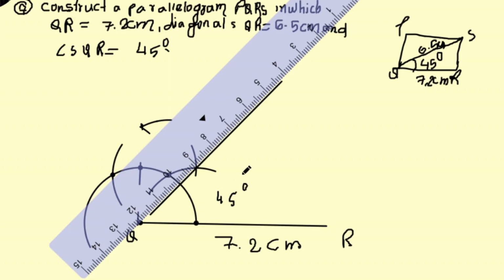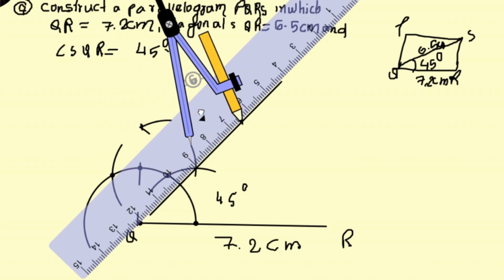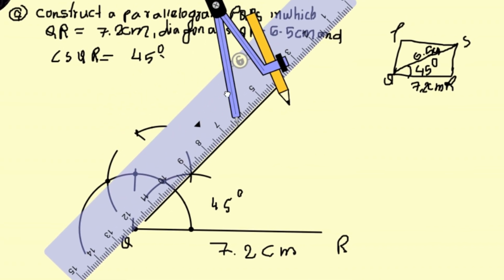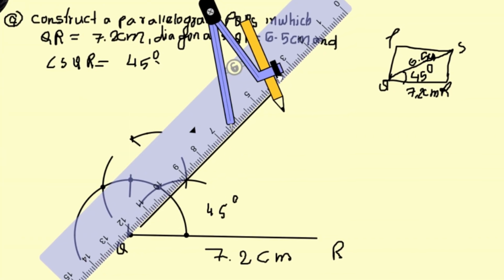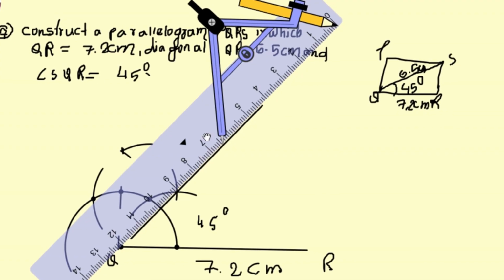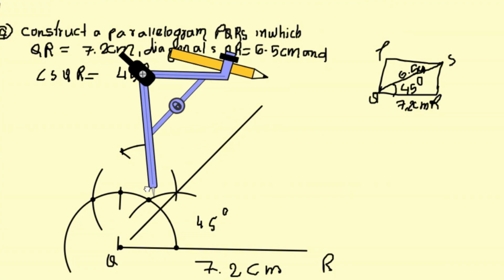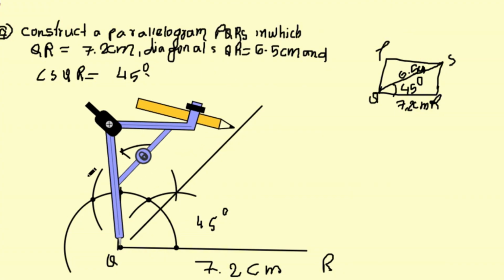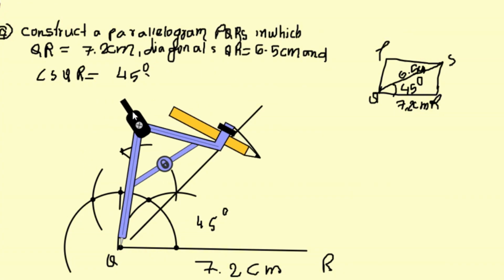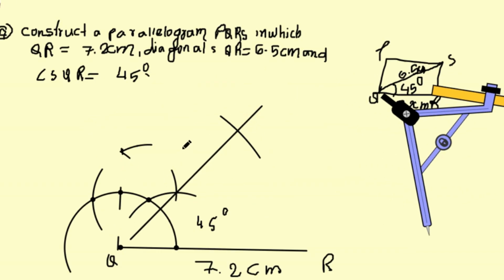And now we know from here to here that is 6.5. Then measure 6.5 here. Where is 6.5? This is 6.5. Cut like this, take an arc like this, and now from here to this one, this is the length of 6.5, right?